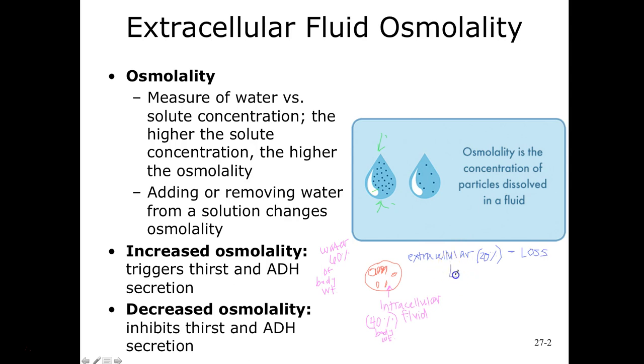The way this is broken down is we find it within our interstitial fluids. As a reminder, interstitial is the tissues outside of our cell. This is the biggest part of our extracellular fluid, making up 80% of it.